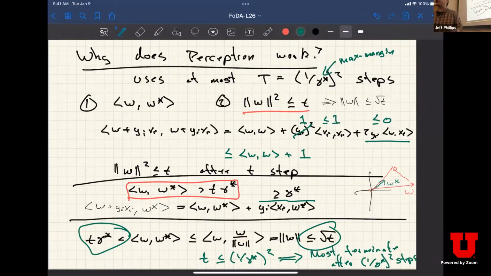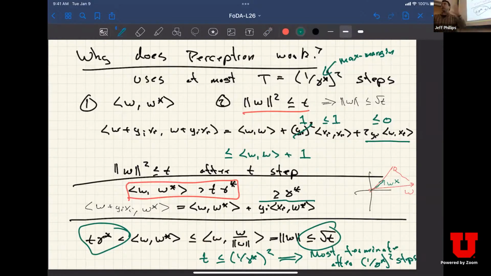Okay, so I can set an upper bound on the number of steps that depends only on the margin, independent of the number of data points, independent of the dimension I'm in. It only depends on the margin of how much error is in between these. I used the dot product here, but we'll see on Thursday that when we get to nonlinear approaches, I can replace this with the kernel, and the same proof will go through.